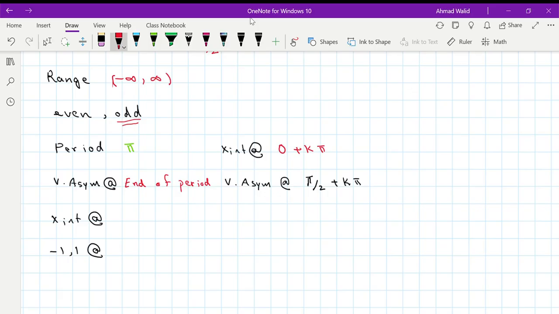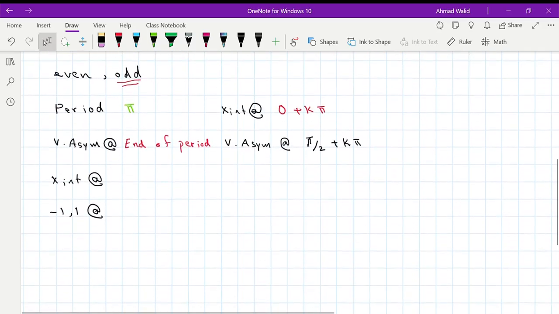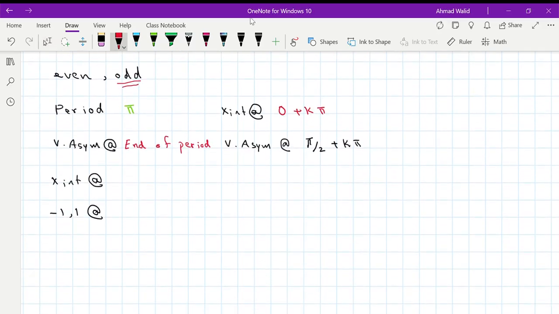X-intercept always happens where? At the center of your period, correct? At the center of period. Negative 1 and 1 happens at quarters, respectively.